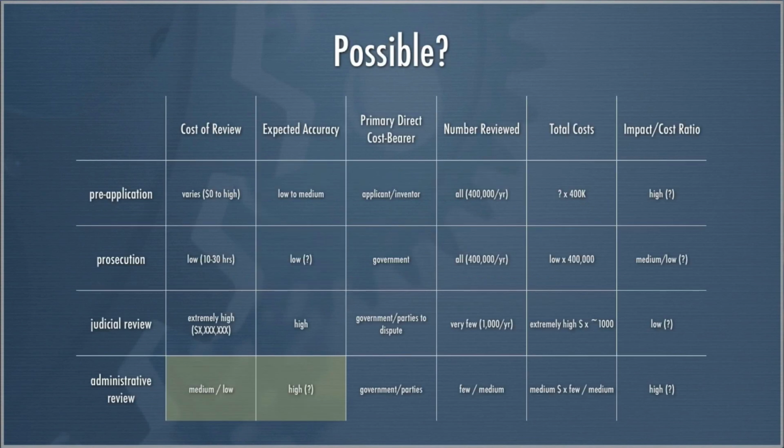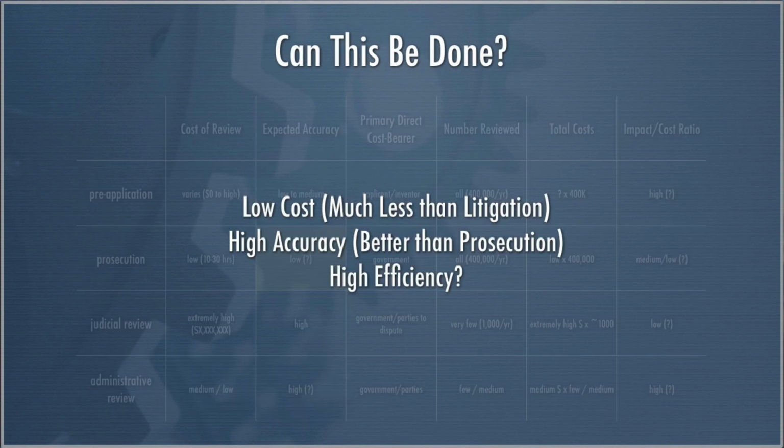And again, the question is whether administrative review, whether it's possible to spend less than litigation, get almost as good a result in terms of accuracy, or at least a lot better than prosecution. And that's really the $64,000 question. Can we do that, right?